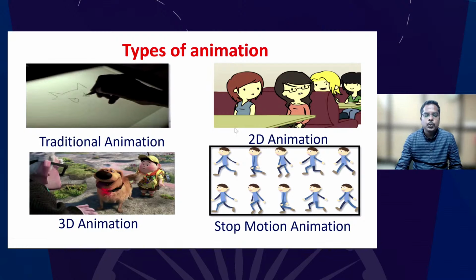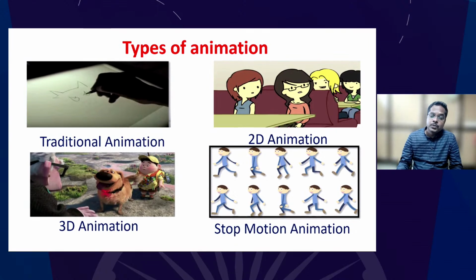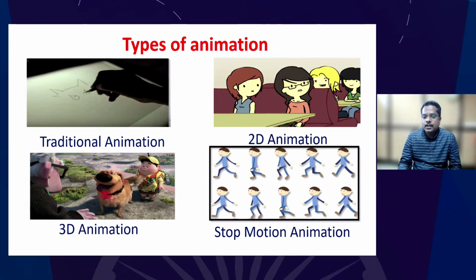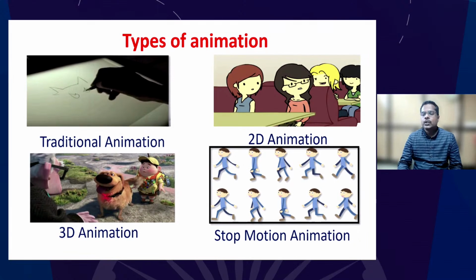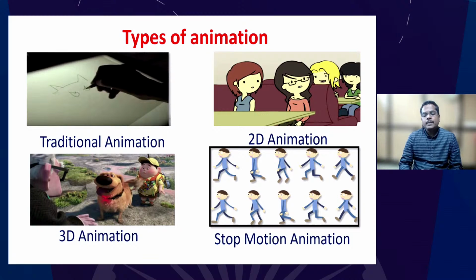To create 2D or 3D animation, first you must have technical knowledge, a high configuration computer, and you have to learn many software tools. But stop motion animation needs no technical skill or knowledge. Even a class 5 student can create a stop motion animation video.